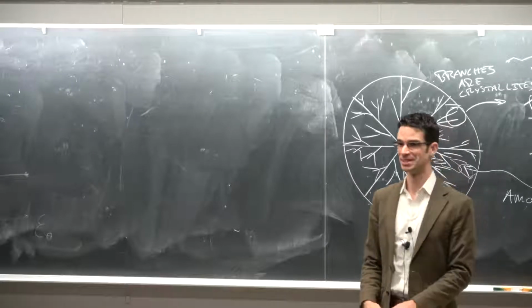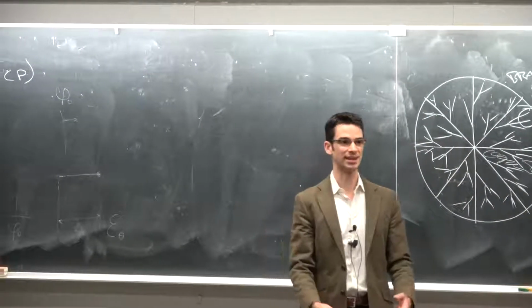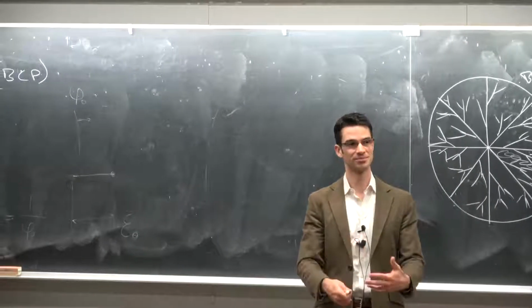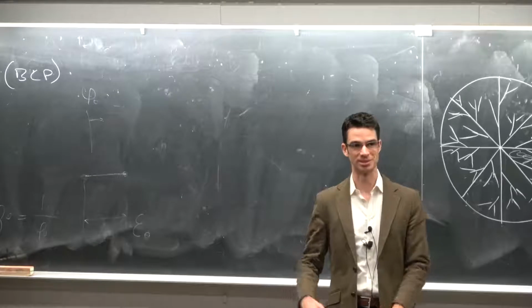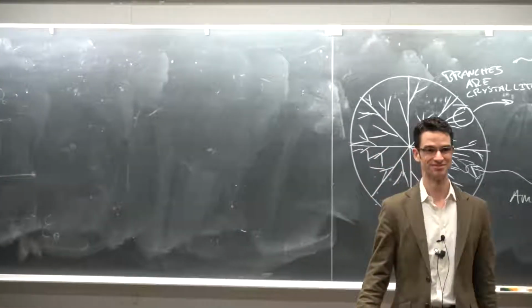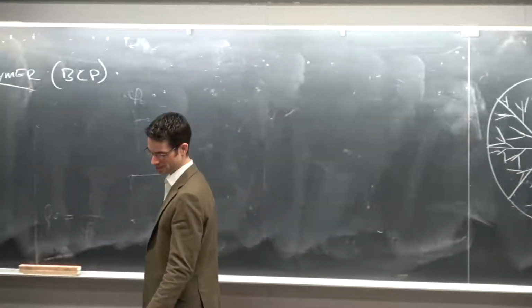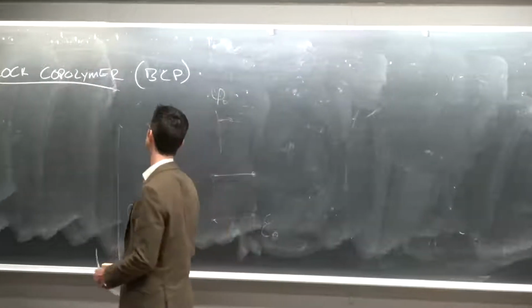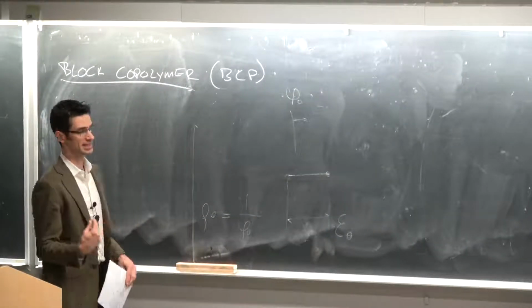So say you want to have some optical property like transparency, but you also want stretchability or something, and you mix two materials together, you might end up with something that's opaque and brittle. So block copolymer is a way to get around the thermodynamics of polymer phase separation.